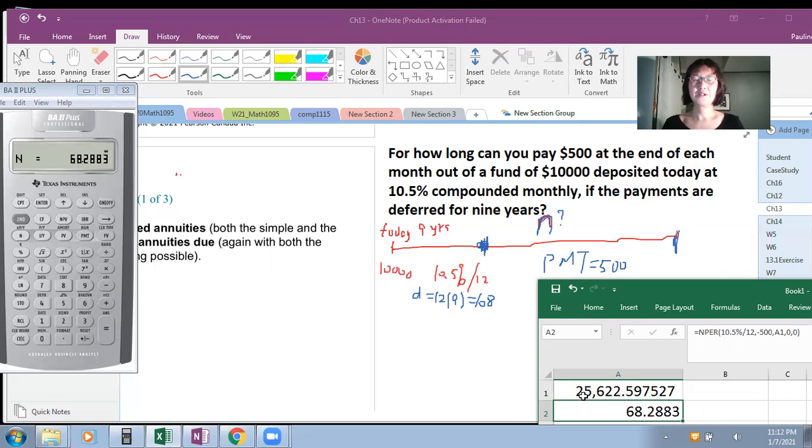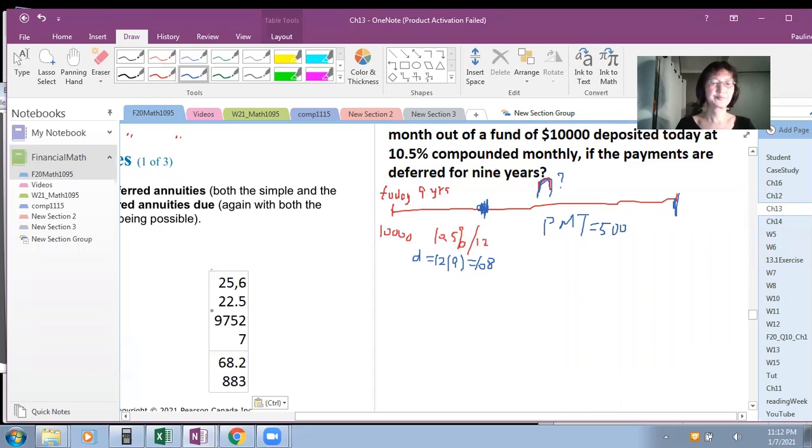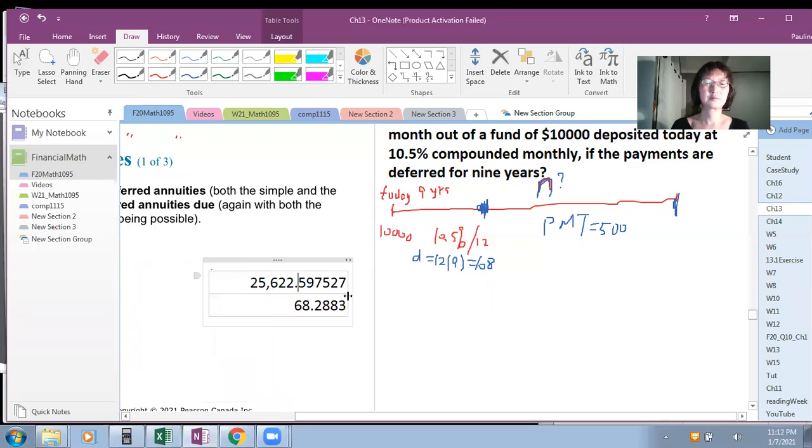Okay. So I'm just going to copy these 2 numbers over here. The first number is the future value of that loan.